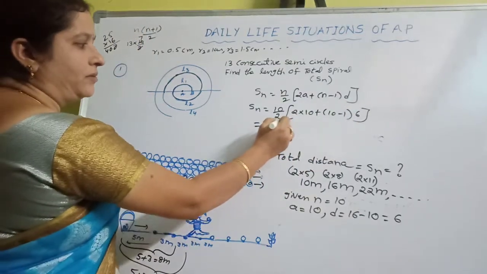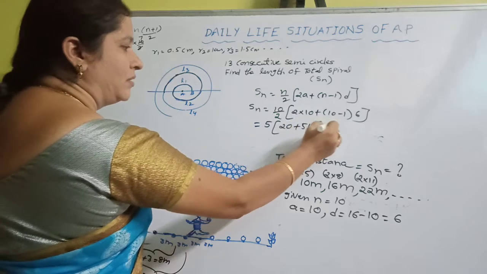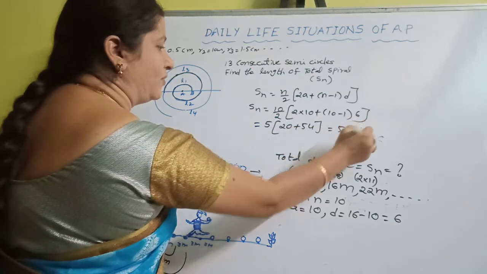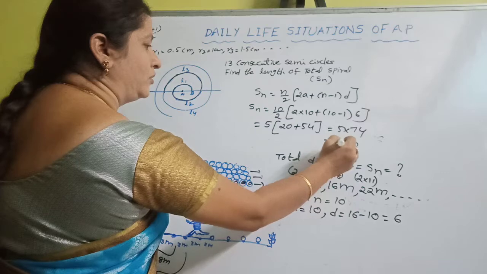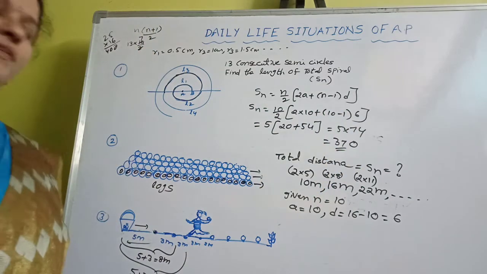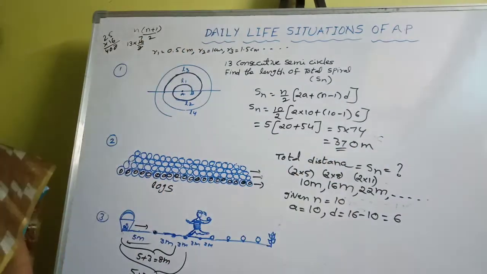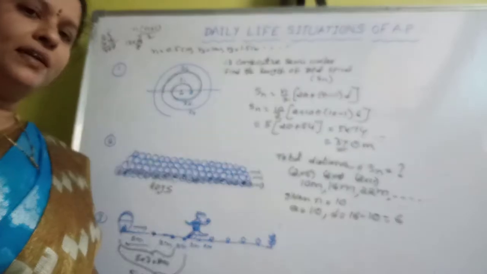So 5 into 20 plus 9 sixes are 54. So 5 into 74, so 370. So the total distance is 370 meters. The competitor travelled the total distance of 370 meters.